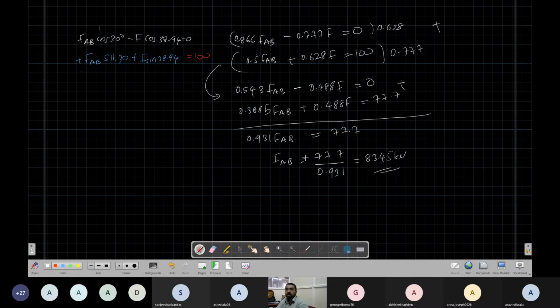Okay. This way we got F_AB. Then you take the other equation and just substitute that F_AB value, then you will get the other value. So I can use this equation: 0.866 F_AB, where I substitute F_AB as 83.45, minus 0.777 F equal to 0, so I can transfer it here.